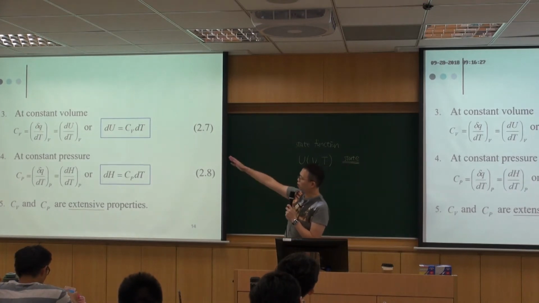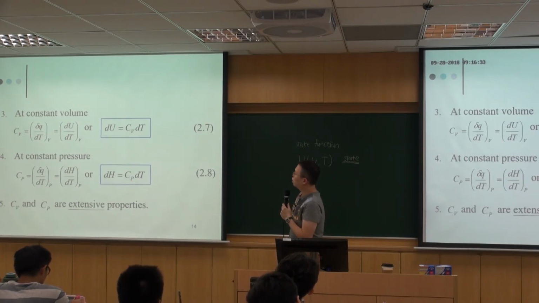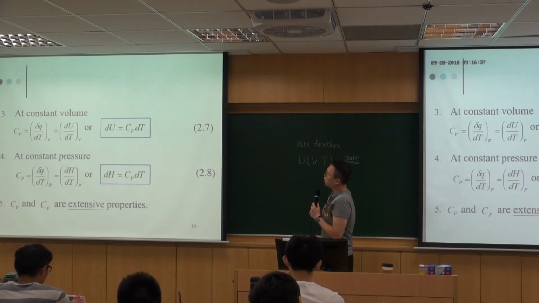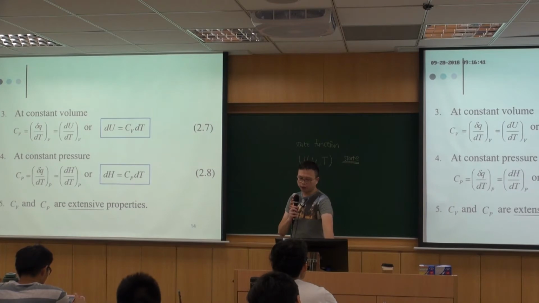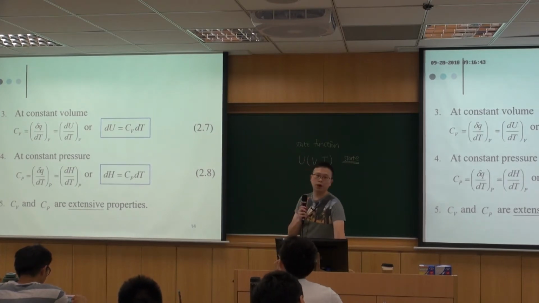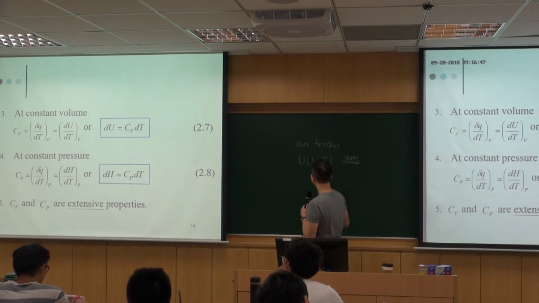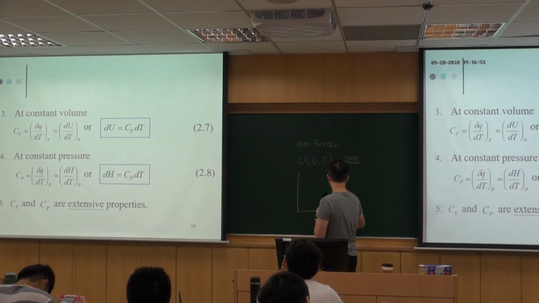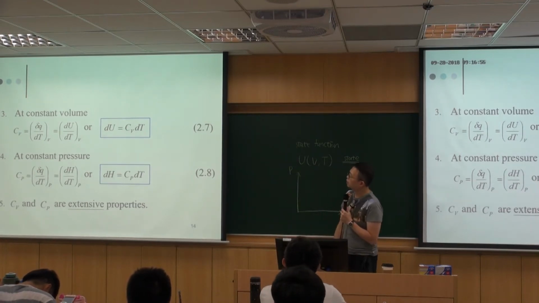So these two physical quantities are very common in this textbook or in any thermodynamics textbook. The first one is the heat capacity when the process is a constant volume process. If you still remember, again, we have this PV plot.